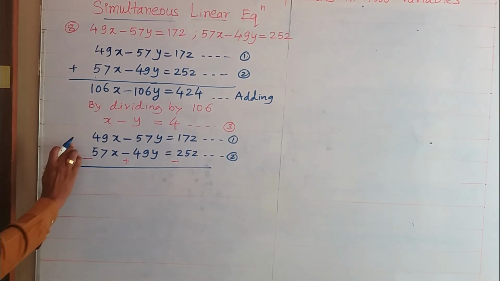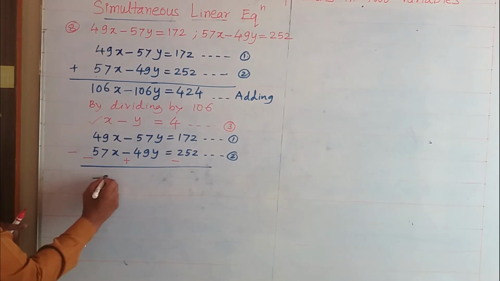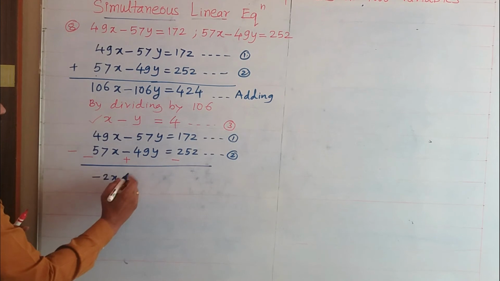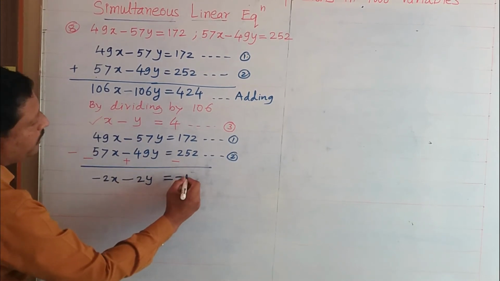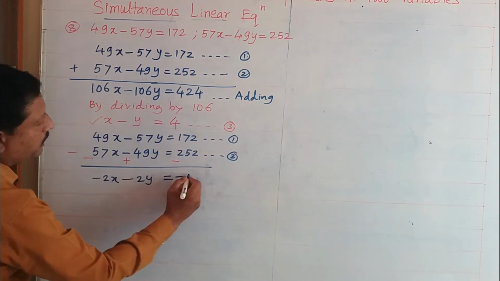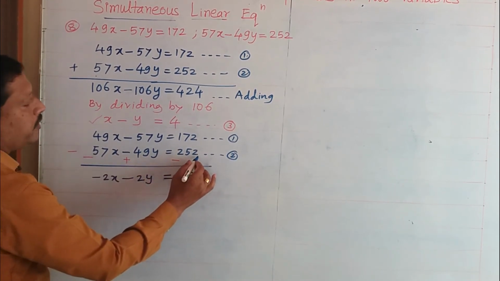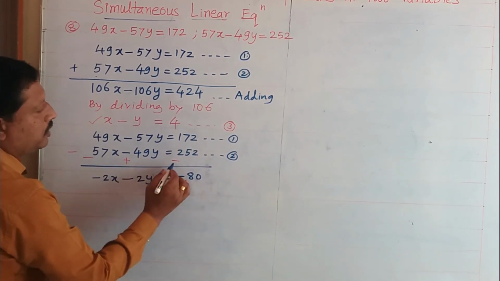Now 49 minus 57 gives minus 8x. Minus 57 plus 49 will be minus 8y, is equal to 172 minus 252, which is minus 80.